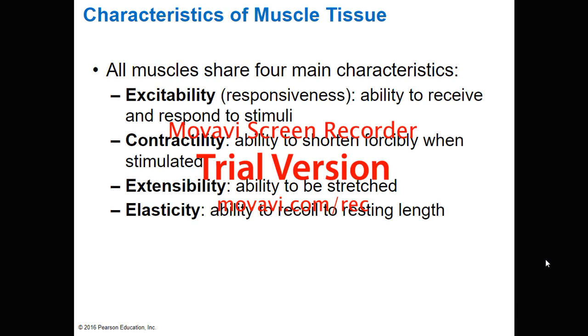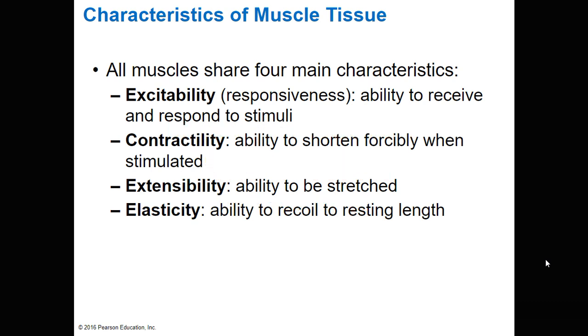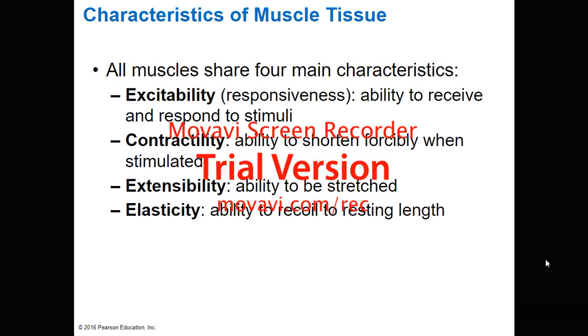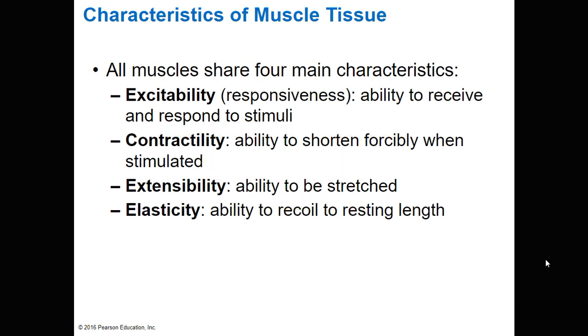In the case of muscles, the stimulus is usually a chemical, and for skeletal muscle, it's going to be a neurotransmitter released by a nerve cell. They have to be able to contract, to shorten, when stimulated. They have to be able to stretch, to extend themselves, and they need to be elastic so they can recoil back into shape once they have finished contracting.